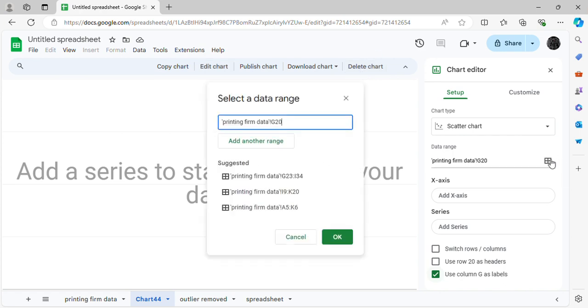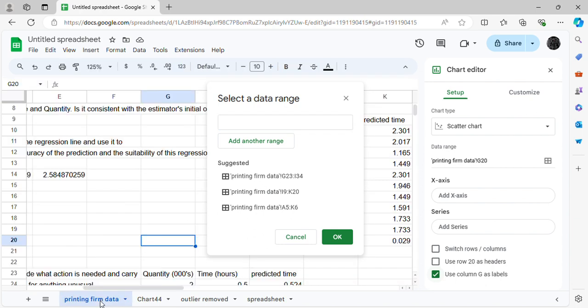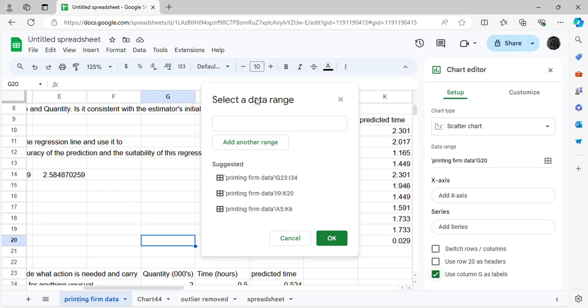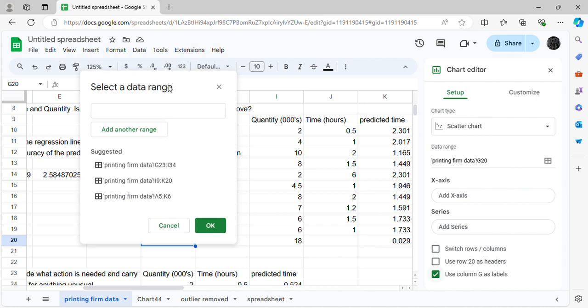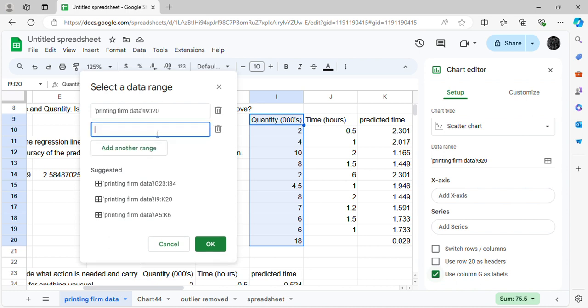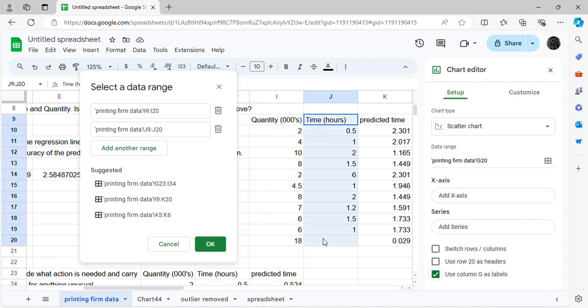For the data range, let's do the selection for the data range. So first let's select the quantity. Then let's select the time.